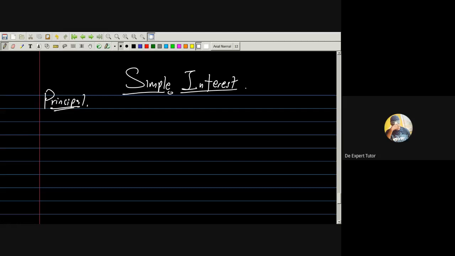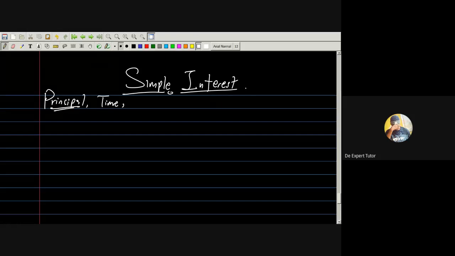Take note of that. The amount of time for that investment to last, or the time you will need to repay the loan, we call it time. Just normal time, T.